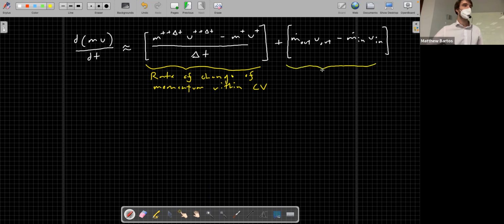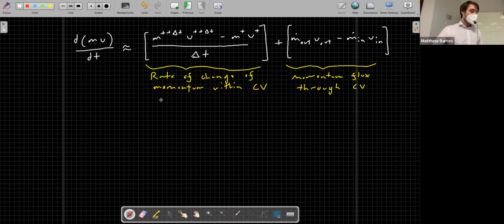So this is the momentum flux through our control volume. Okay, so let's simplify this a little bit.